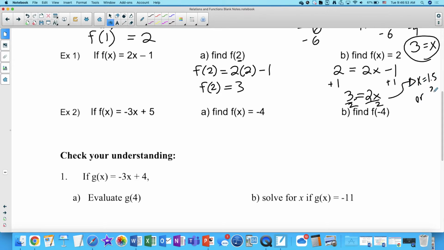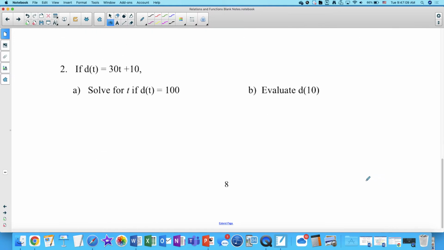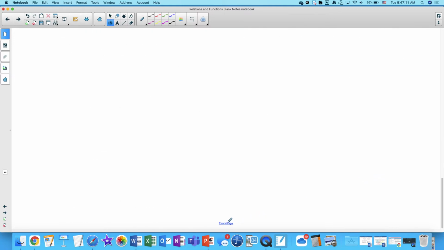Sometimes people find this helpful. I'm going to put this down here. When you were asked to determine f of a number, and there's a number in there, that is when you sub the number in for x on the right.